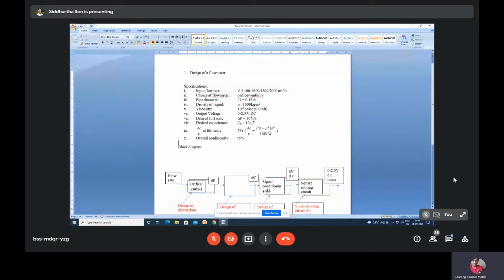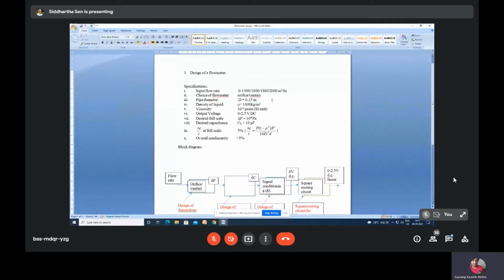And you have an option, you can choose the flow meter, either an orifice or a venturi type.